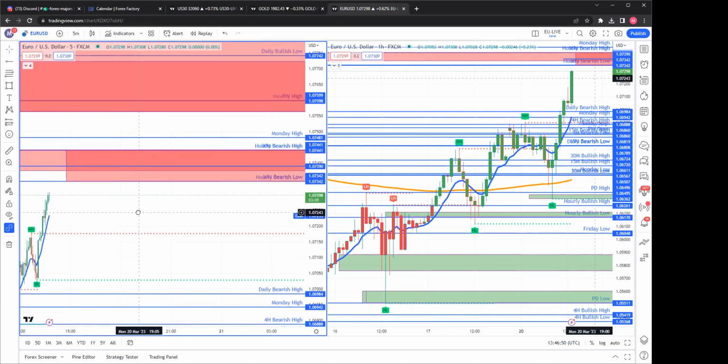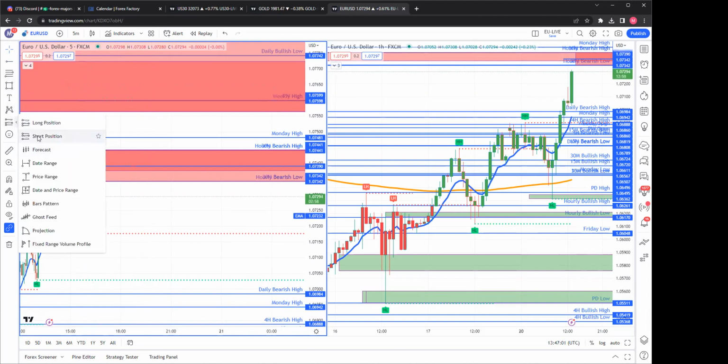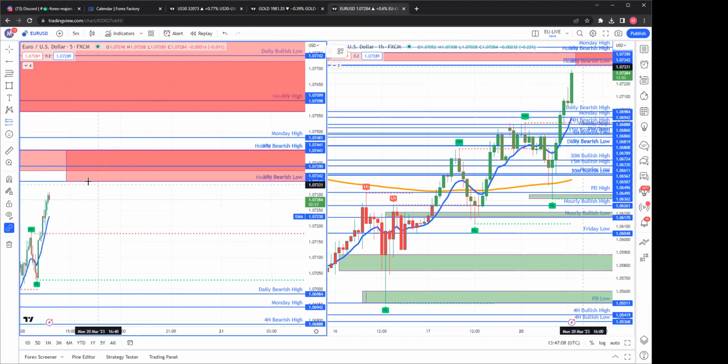If we're breaking this zone into three, we normally have three trades: a filler trade, a second trade, and a third trade. I can see it rejecting from the bearish low. Since this is only a 10 pip zone, we should be able to do a filler trade around here.